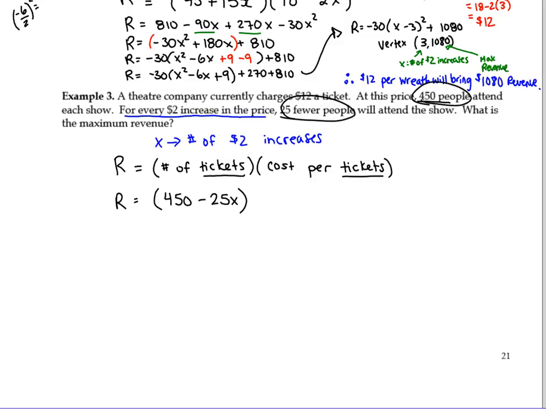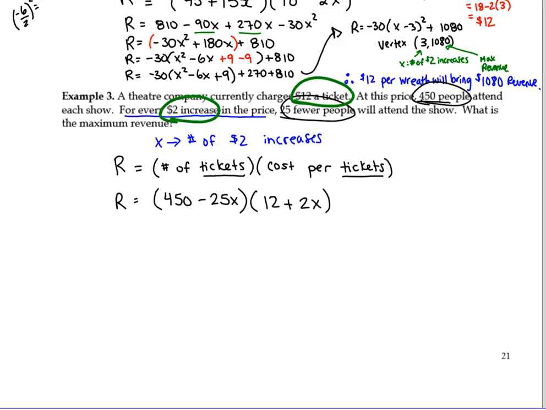And then the price, the cost, initially was 12. And what are we increasing it by? 2. So then it's 12 plus 2x. Sorry, I said that backwards. Okay, every situation is going to be the same when we set them up. And then from there, FOIL it, complete the square, answer our question.